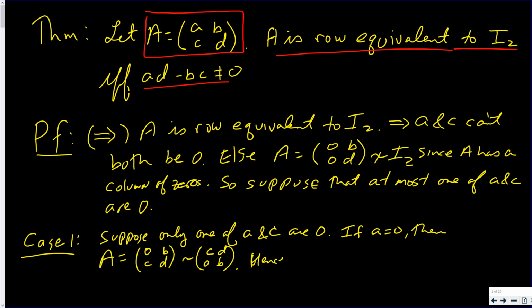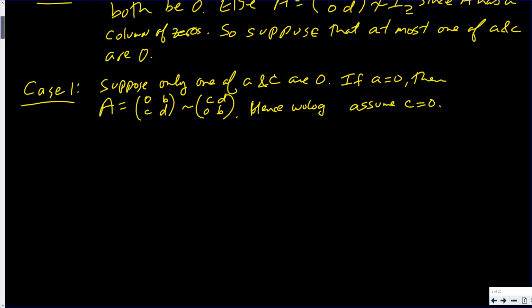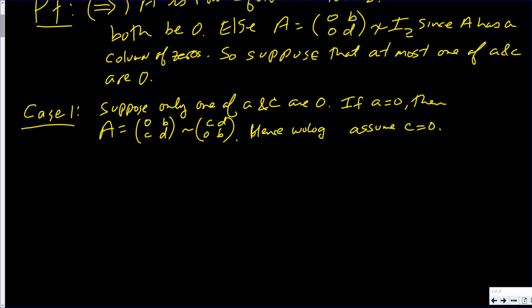Hence, without loss of generality, better yet, assume C is 0. Okay? There's only one of them in case 1 that is 0. So A is equal to A, B, 0, D.